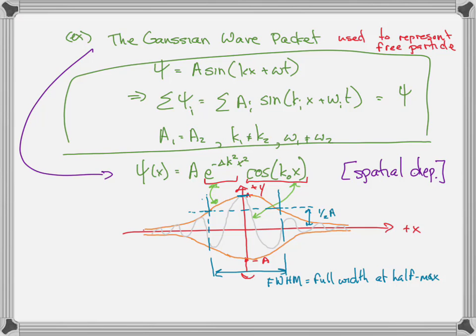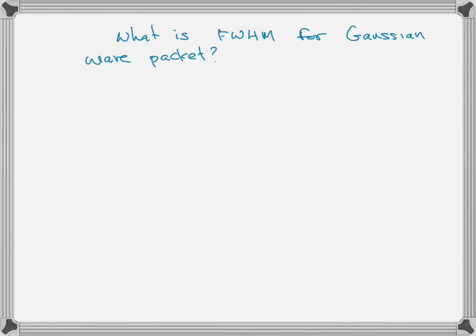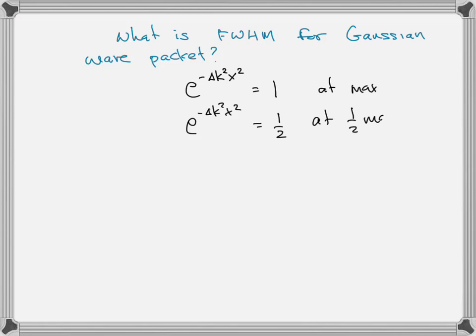That's why we have to ask what the full width is at some particular limit. Okay, anyway, let's calculate the FWHM for this Gaussian wave packet. Note that the envelope term, e to the minus delta k squared x squared, is the thing that determines where the half max is. At max it is 1. So what is it at half max? A defines the maximum value, but this defines the proportion of A as a function of x.